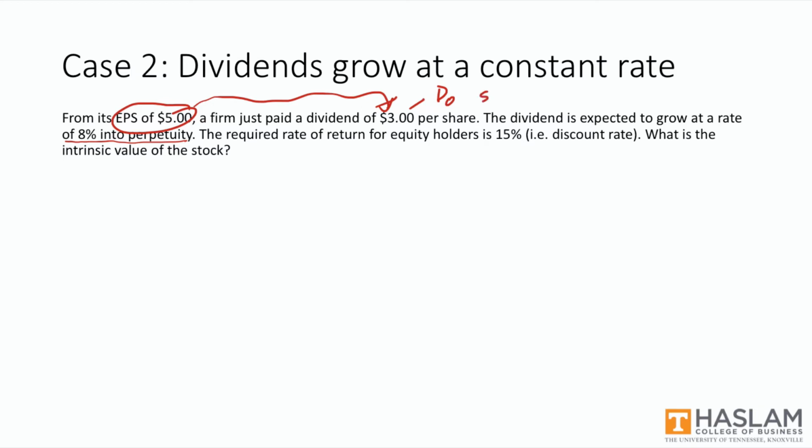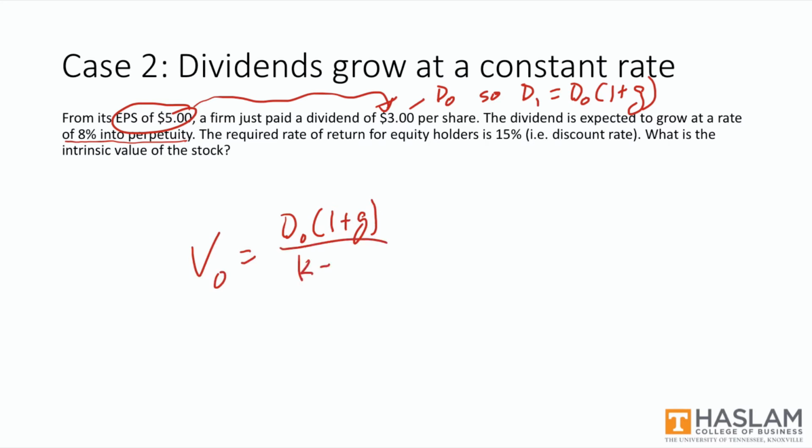And so for our formula, we have to say D1 is equal to D0 times 1 plus G. Now taking that to the Gordon model formula, we have the intrinsic value is equal to this term, inserting the appropriate numbers.